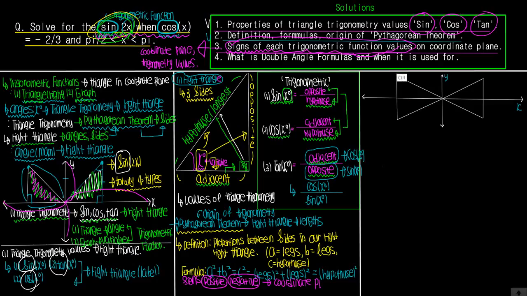These are the triangles that possibly can be in our trigonometric functions on the coordinate plane. And the thing that we're going to do is define the signs of our triangles. The triangles can be on the quadrants: the first quadrant, the second quadrant, the third quadrant, or the fourth quadrant.